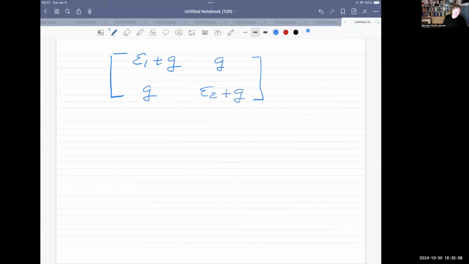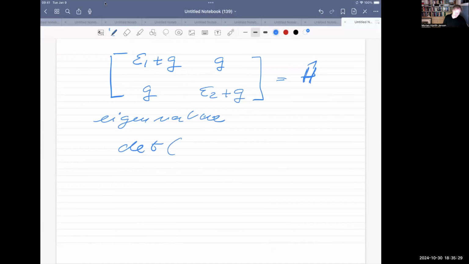And this is an eigenvalue problem, which we can easily solve by finding the characteristic polynomial. So we are just going to have to find the determinant of, so if we label this as H, this is our Hamiltonian matrix now.